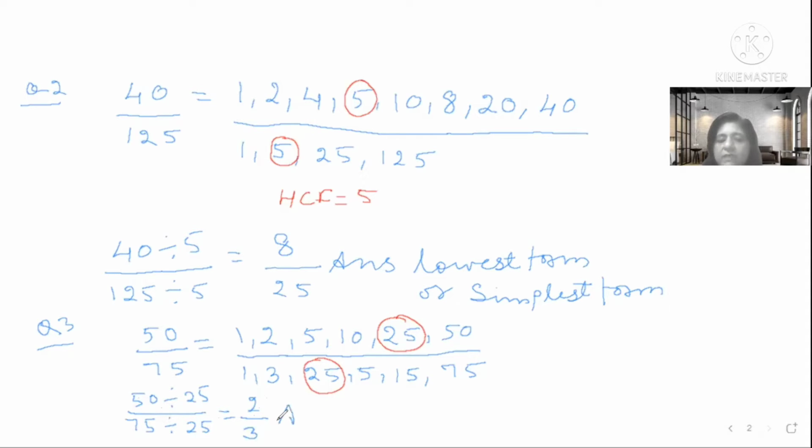So we get here 50 divided by 25 is 2, and 75 divided by 25 is 3. So answer is 2 by 3, which is the lowest form or the simplest form.